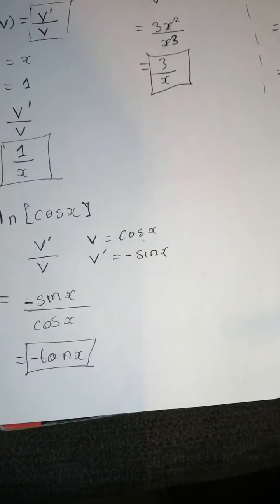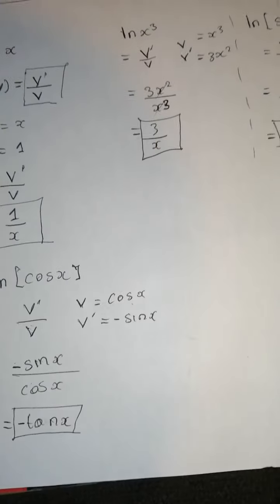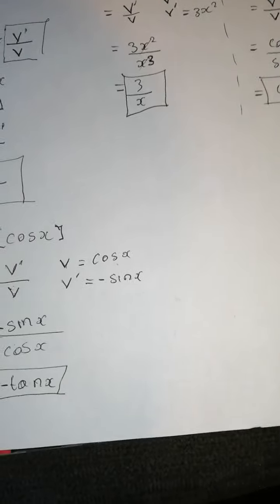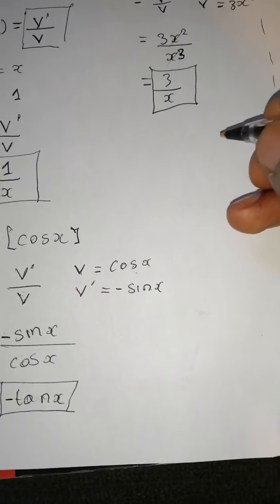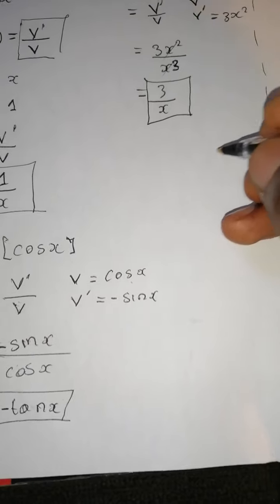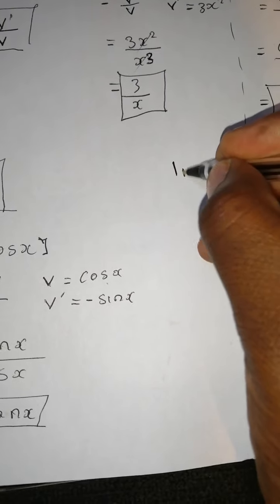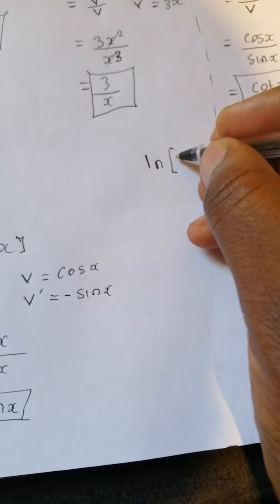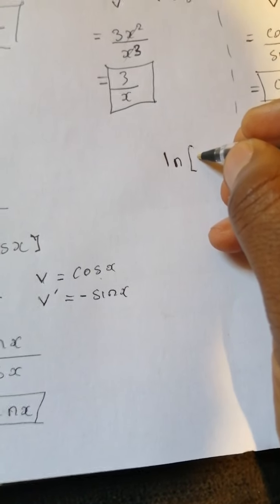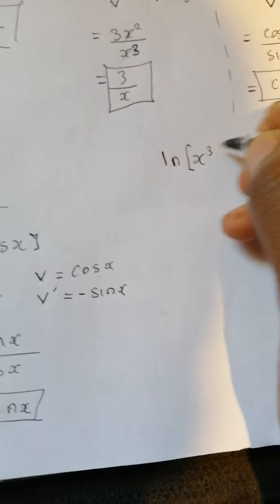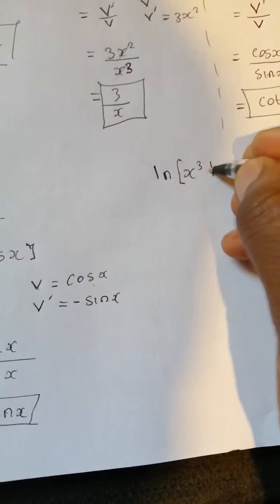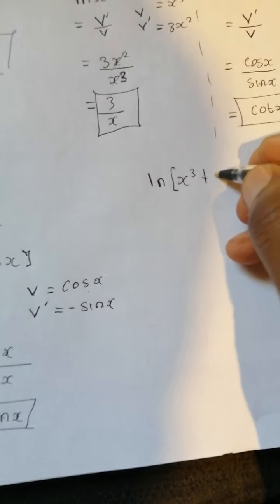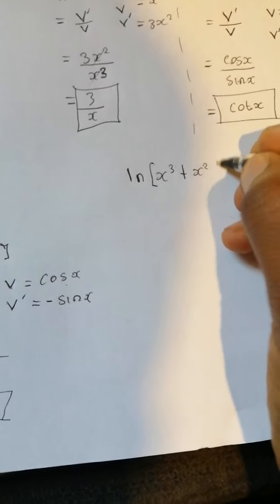So let's try, let's say we have ln of x cubed plus x squared plus 4.